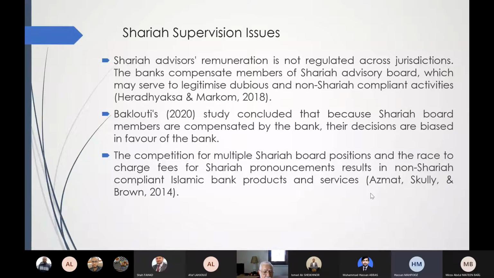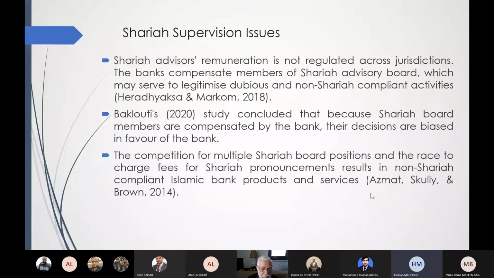Okay, so the last point is on the Sharia governance, and the criticism is that the Sharia advisors' remuneration is not regulated across jurisdictions, and the Islamic banks are compensating the members of the Sharia Advisory Board, which may serve to legitimize dubious and non Sharia compliant activities and affect the independence of the Sharia advisors.